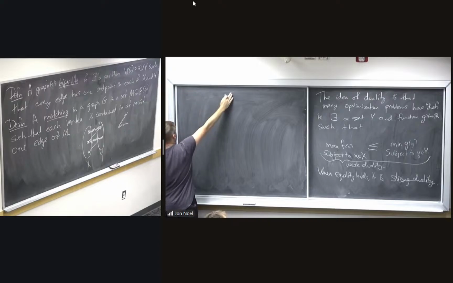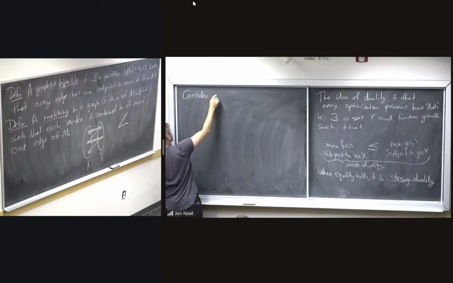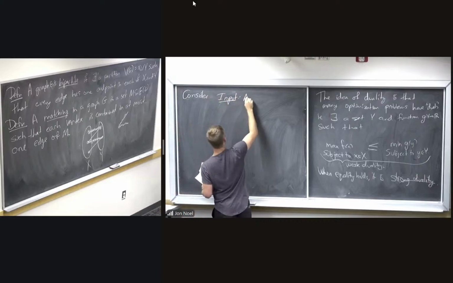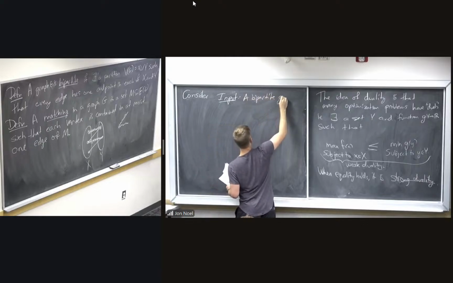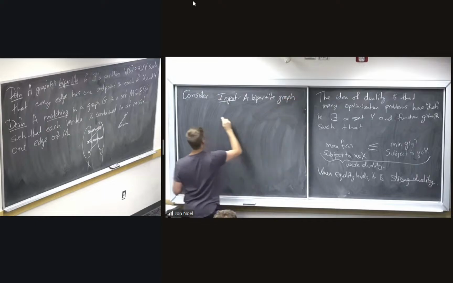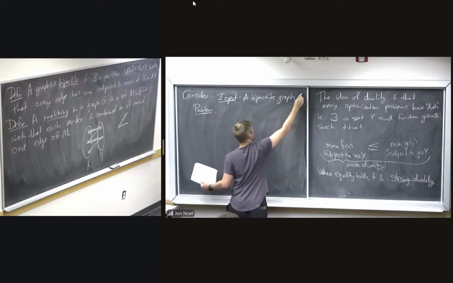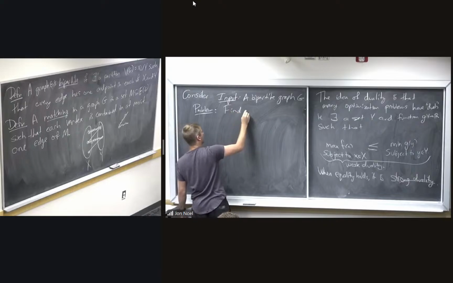So a natural problem is one where I've got an input, which is a bipartite graph G. And then the problem is: find the cardinality of the biggest matching.